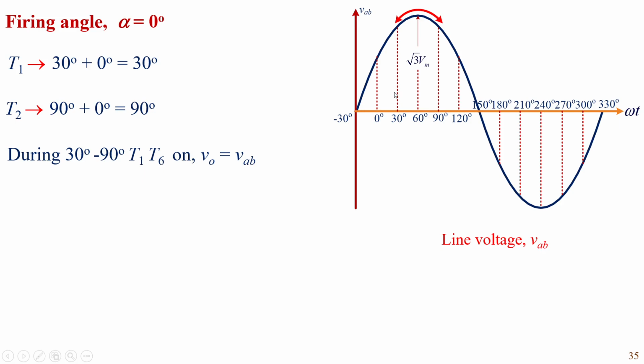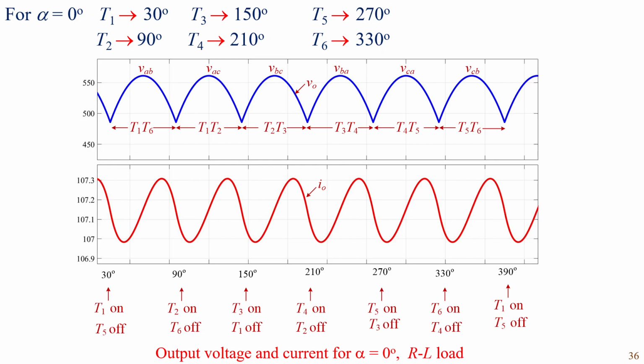At omega t equals 30 degrees, the line voltage VAB rises sinusoidally, at omega t equals 60 degrees it reaches peak, and after 60 degrees it falls sinusoidally. So the highlighted portion is applied across the load. This is the output voltage and output current for inductive load.